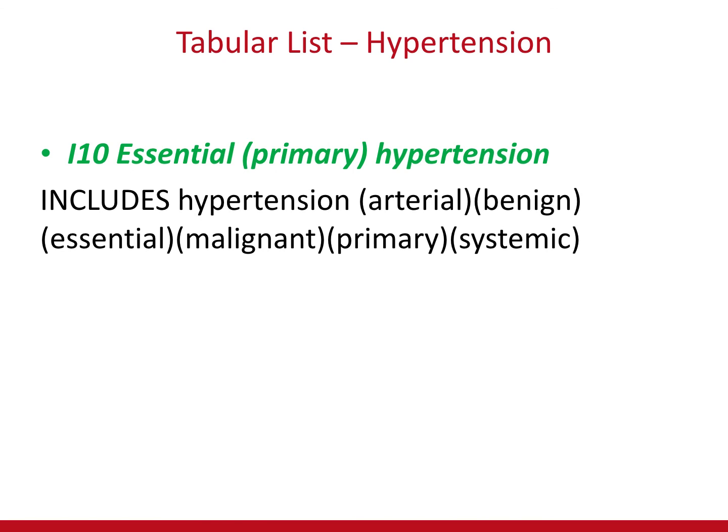It's a good thing we always start with a 3-character code because that's all we have here. I10, essential primary hypertension, includes hypertension, arterial, benign, essential, malignant, primary, systemic. We're good. We have no other information about her hypertension, so this is the perfect choice.